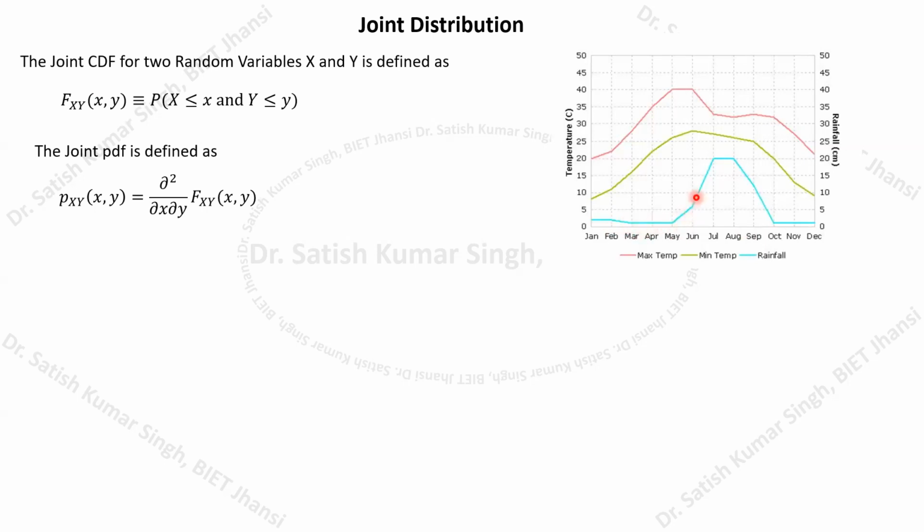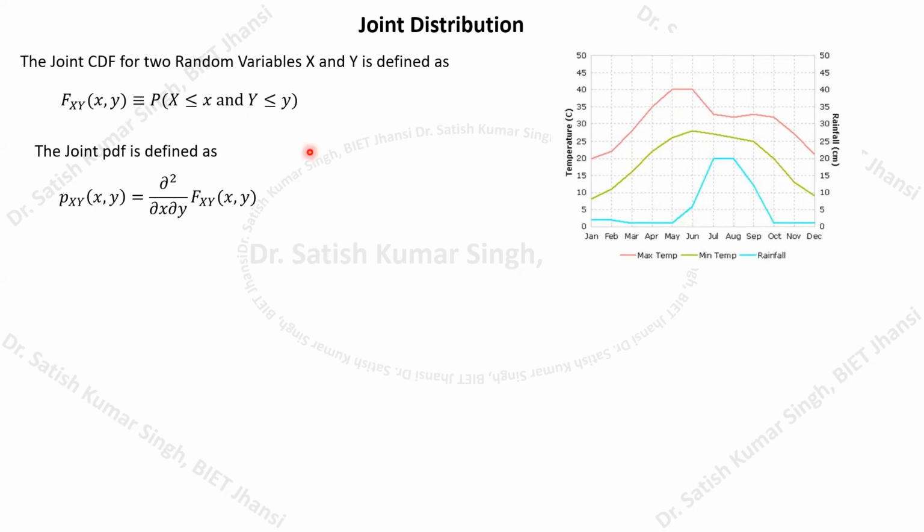This blue line represents the rainfall over the years, and the red line shows the maximum temperature, and the green line shows the minimum temperature over the years. Suppose the maximum temperature is represented by a random variable capital X, and the blue line, which represents the rainfall, is represented by the random variable capital Y.